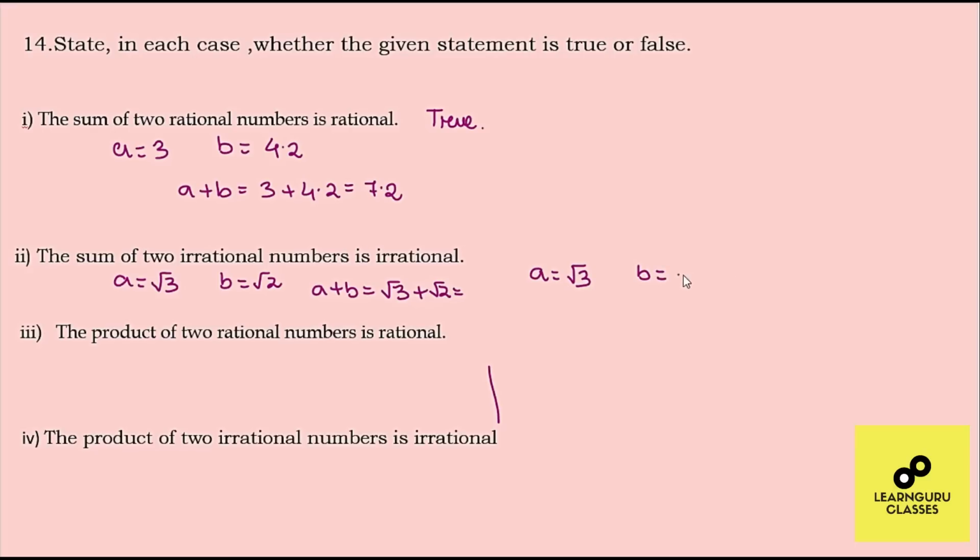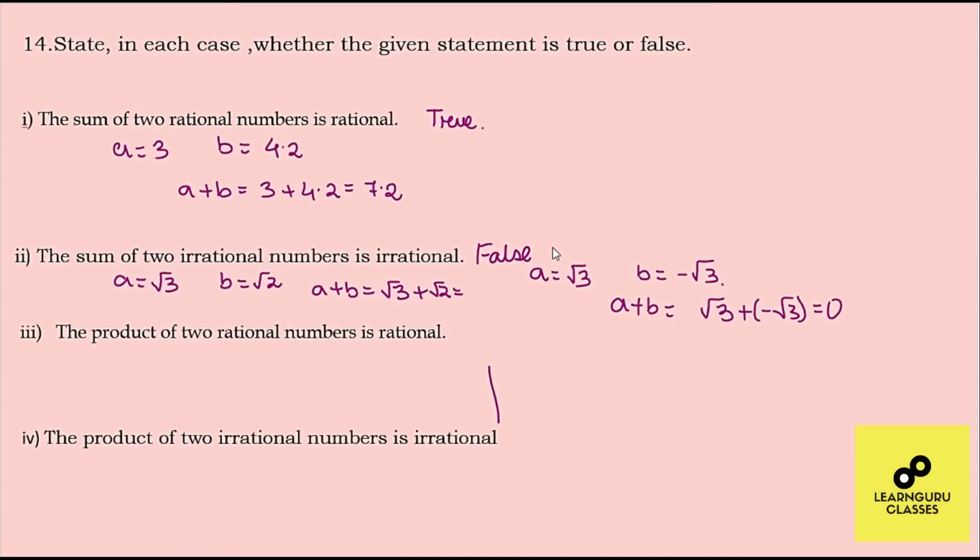Okay, so minus root over 3 is also an irrational number. So if we add these two irrational numbers, this will give you 0. So 0 is a rational number.